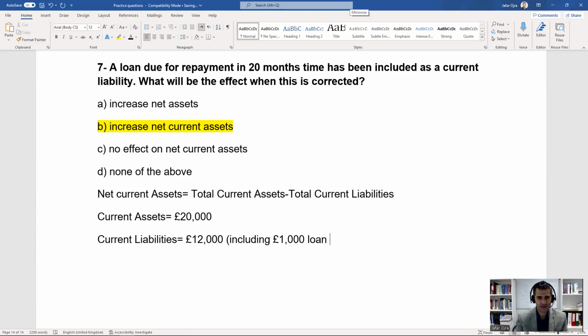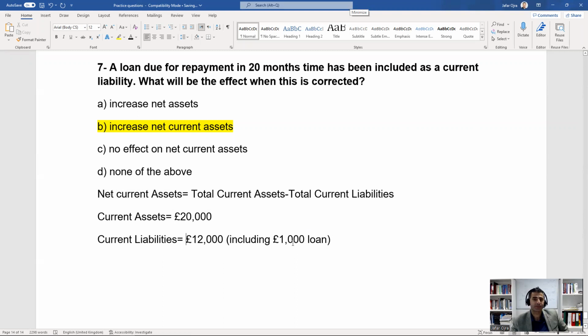This is the one for 20 months, but this loan should not be under current liabilities, isn't it? So apply the formula: net current assets equal current assets, which is £20,000, minus the current liabilities, which is £12,000. That makes £8,000. So the net current assets equal £8,000.